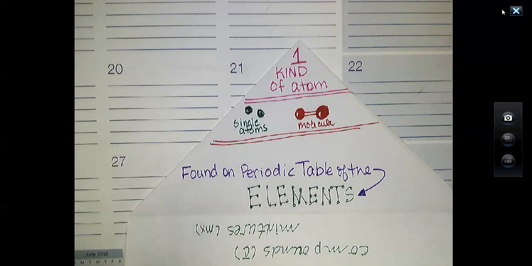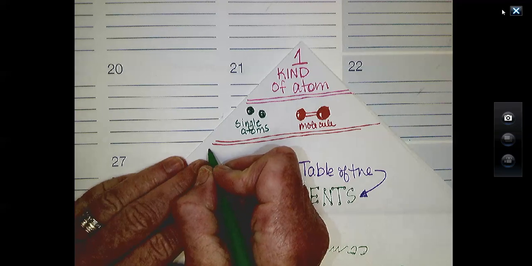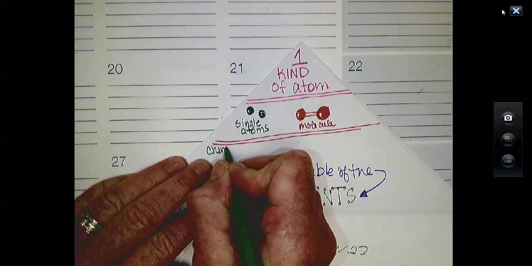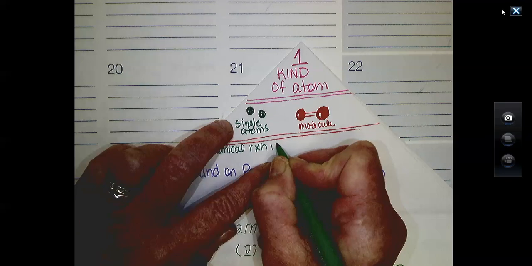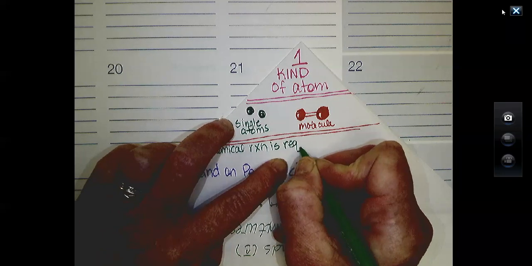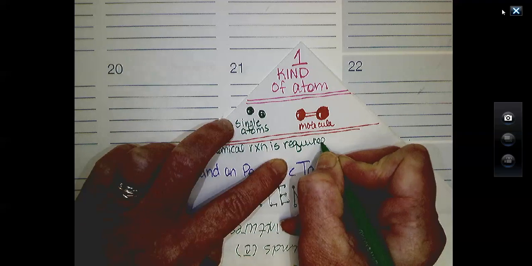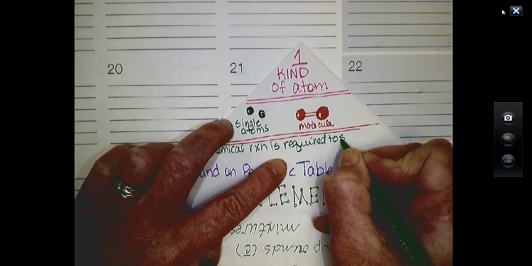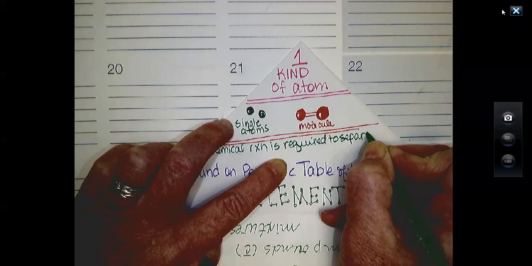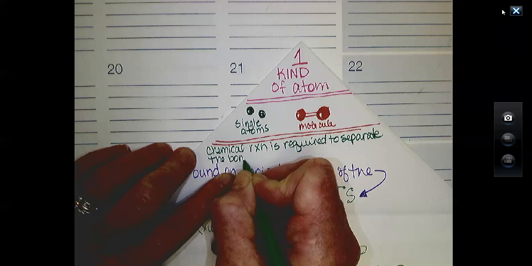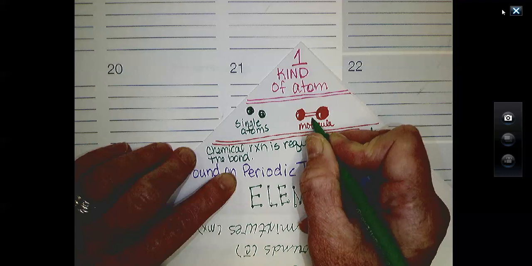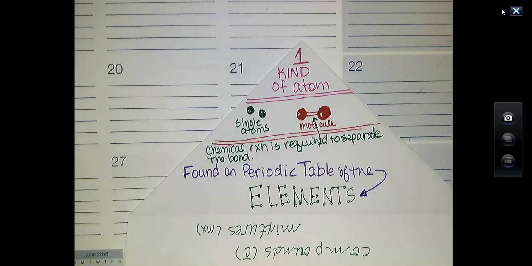Okay, in order to separate the bonds, you have to have a chemical reaction.